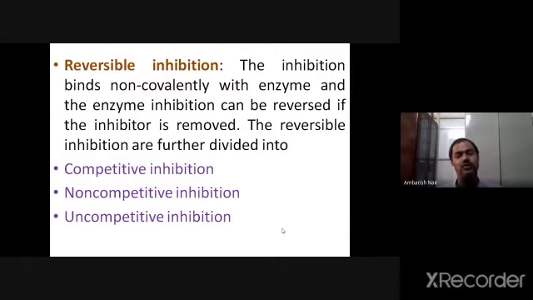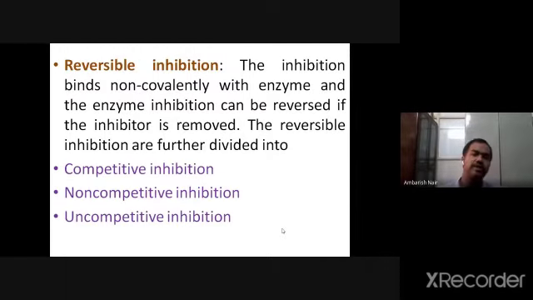Today we will study only competitive inhibition. We will study non-competitive and uncompetitive inhibitions in the coming days. I hope now you can clearly differentiate between irreversible inhibition, where it binds covalently and kills the enzyme, and reversible inhibition, where it binds non-covalently and inhibition can be reversed if you remove the inhibitor.